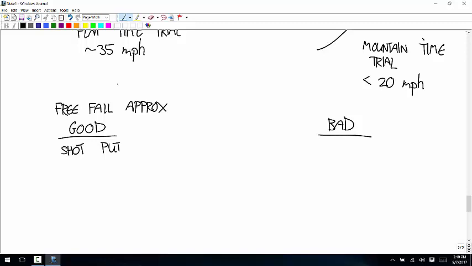They throw it 70 feet or something, which is amazing, but compared to the speed of a car, it never gets going. I guess it's probably going 30 miles per hour or something. And so if you used a free fall approximation to try to predict the path of a shot after somebody threw it, and you assumed there was no air resistance, you'd get great approximations.